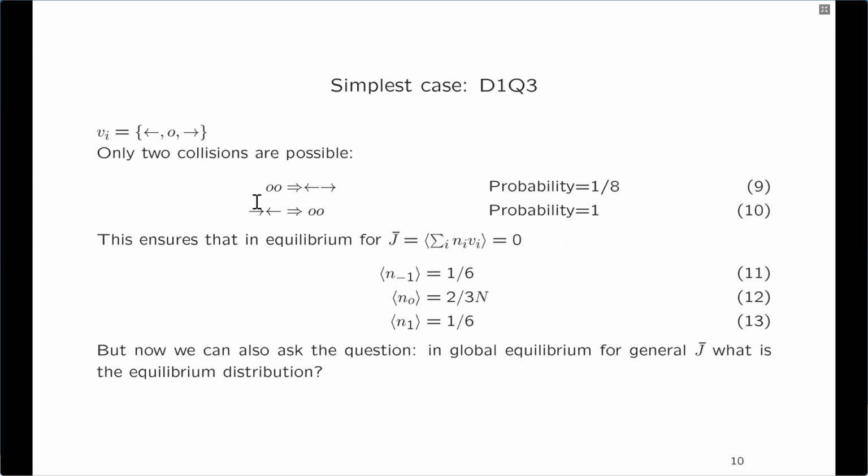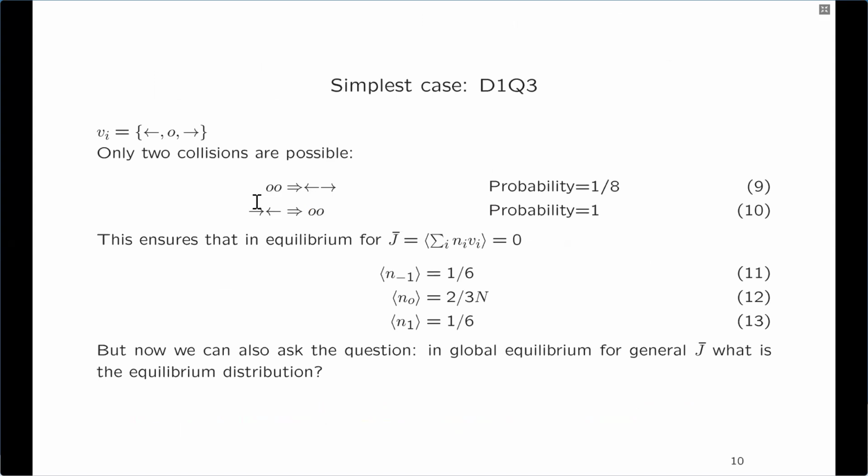So all you can do, let's do the simplest case, D1Q3. The simplest thing we can do, in fact the only thing we can do: we have rest particles, make them moving particles, and you have moving particles colliding and making them rest particles. That's it, right? Nothing else for D1Q3 would conserve momentum. Well, nothing else that does anything. You can swap particles, but that's it.